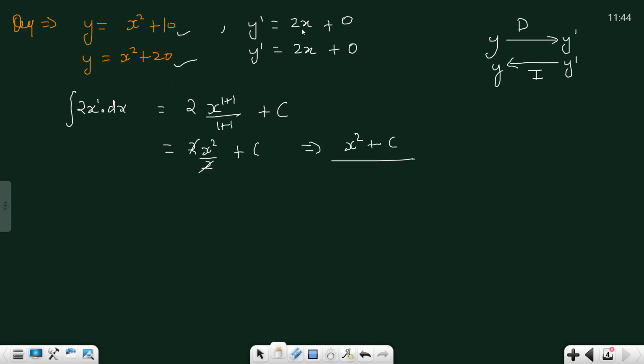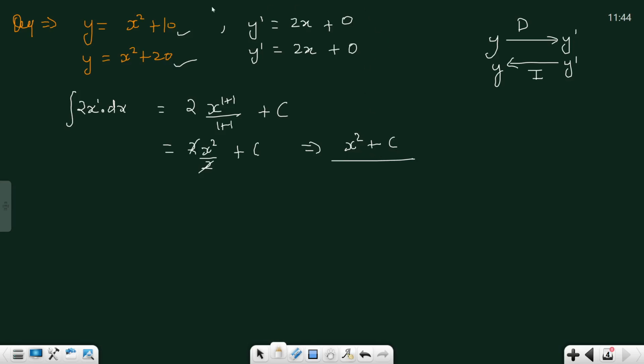When you integrate this 2x, you want to go back to the original equation. So you will get 2x to the power 2 divided by 2, which is x square, and you have to add c, because we don't know whether we differentiated 10 or 20 or any other constant. That's why we write constant c in indefinite integration. So this will become x square plus c.